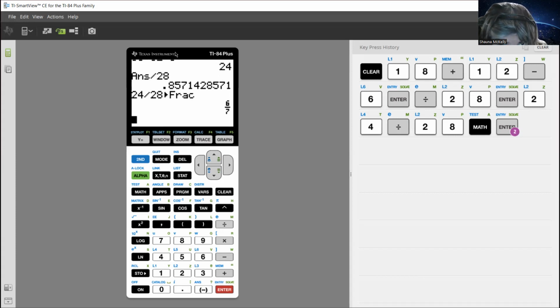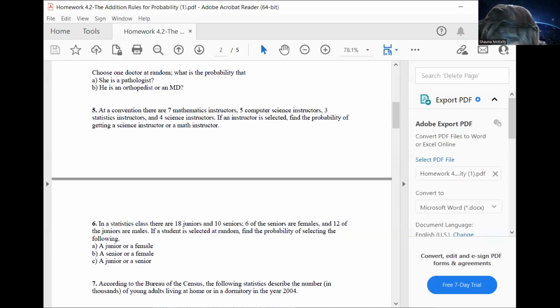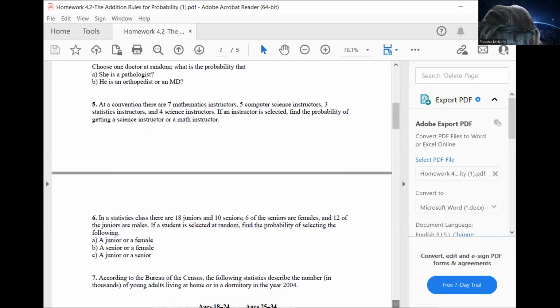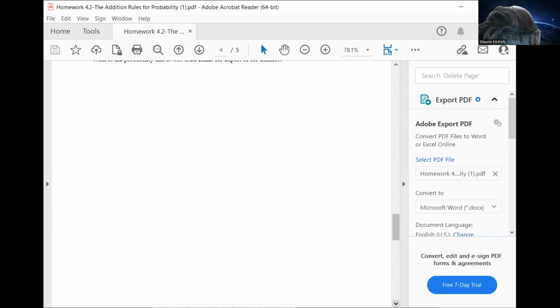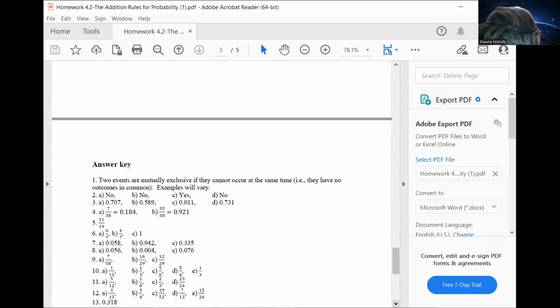So now, let me go back to this and I'll show you something. This is number 6, and it says a junior or a female. So here, we scroll down. Number 6, 6 over 7, okay, is our first probability, 0.8571.